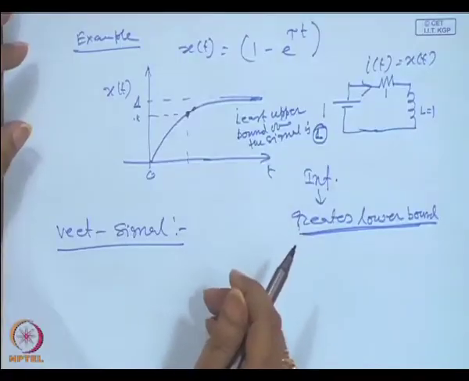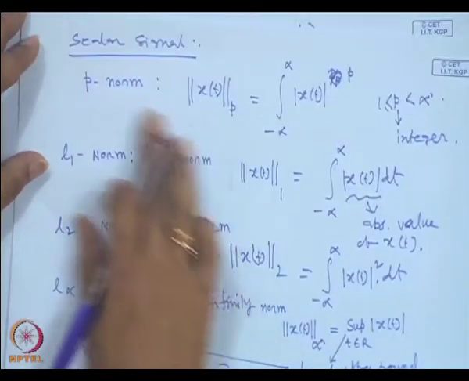Now, instead of a scalar signal, we have a vector signal, which contains n components, and we will give the definition this way for the p norm.